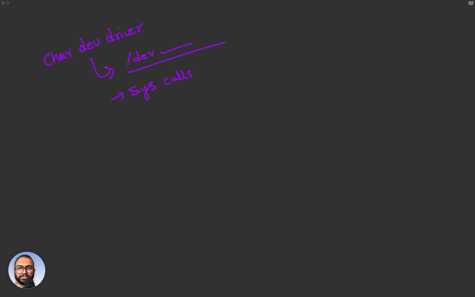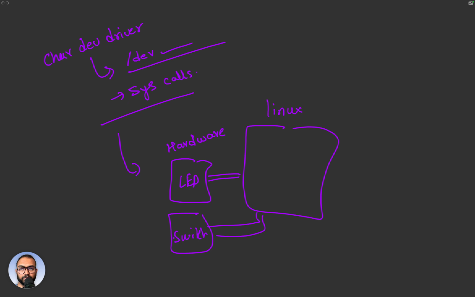Open, close, read, write, those kind of things. And most importantly, we haven't looked into how to actually go about controlling or interacting with hardware. Let's say an LED, for example, or a switch. How can we have the Linux kernel module interact and handle actual hardware that we haven't seen yet?